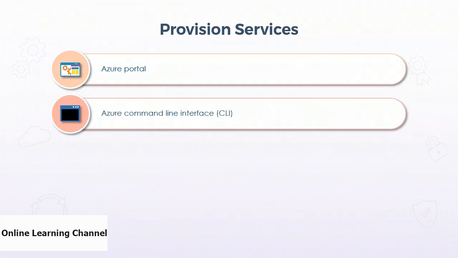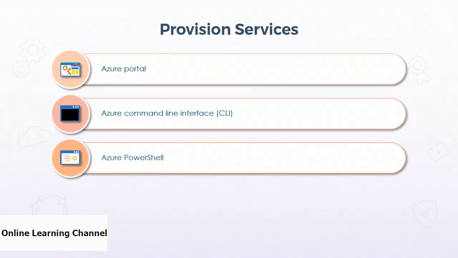So that gives you a set of commands that you can run to the Azure portal, right? It's available for Windows, Mac, and Linux environments. They also offer the Azure PowerShell. So PowerShell being a cross-platform task automation and configuration management framework, we can now interact with the Azure portal using Azure PowerShell for Windows.